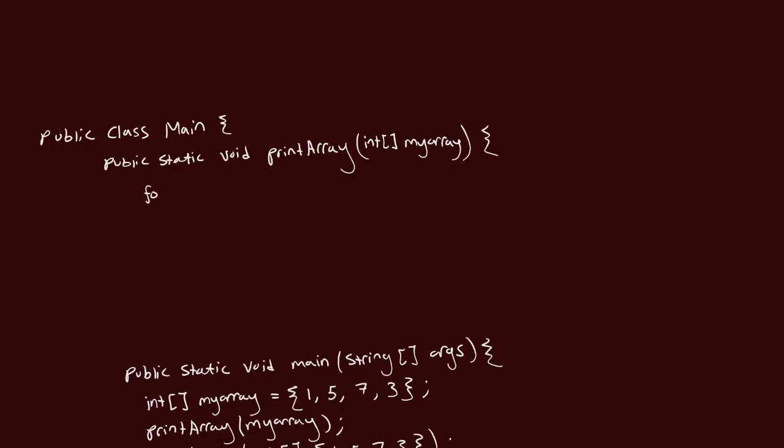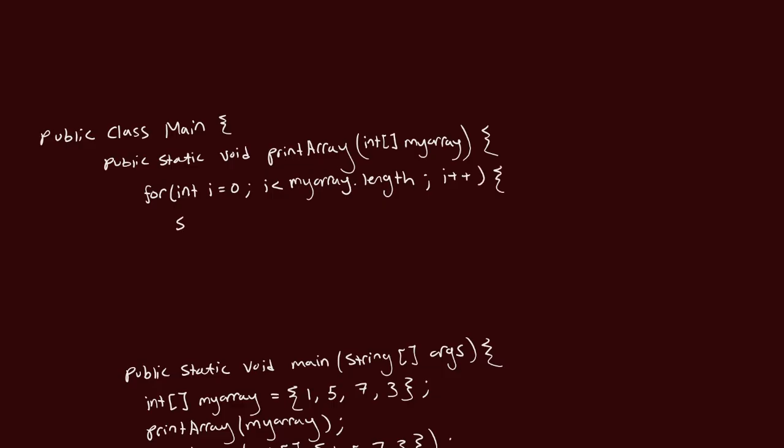So we do for int i equal to 0, i is going to be less than my array dot length, and I'm going to increment i by 1 each time.